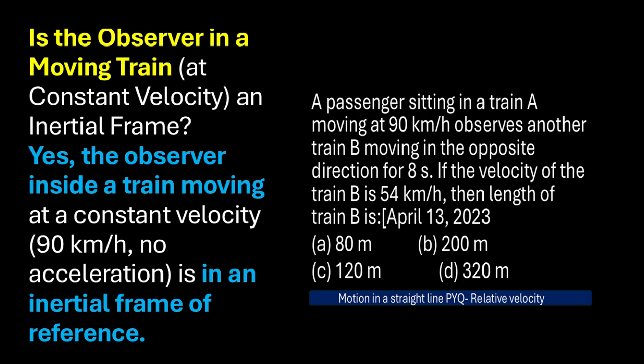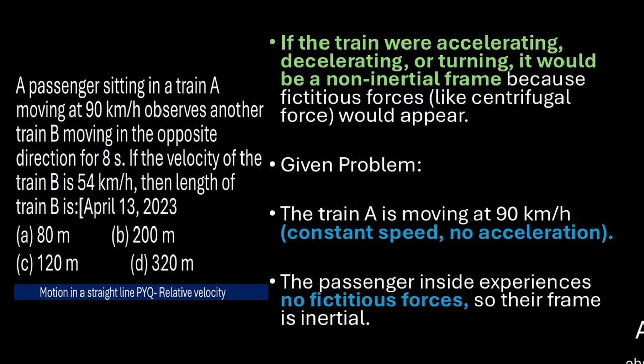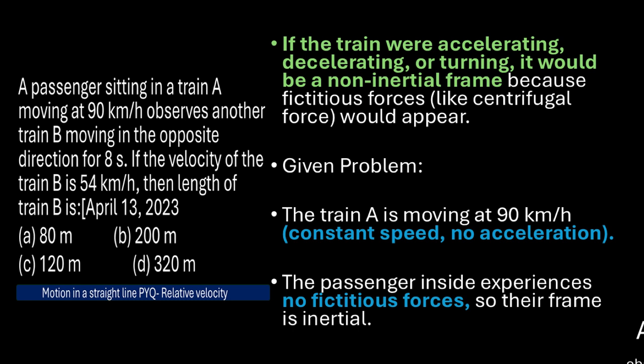Okay. Now, how do we approach this question if it had been phrased differently? If the train were accelerating, decelerating, or turning, it would be a non-inertial frame because fictitious forces like centrifugal force would appear, and therefore Newton's laws of motion would not apply directly.